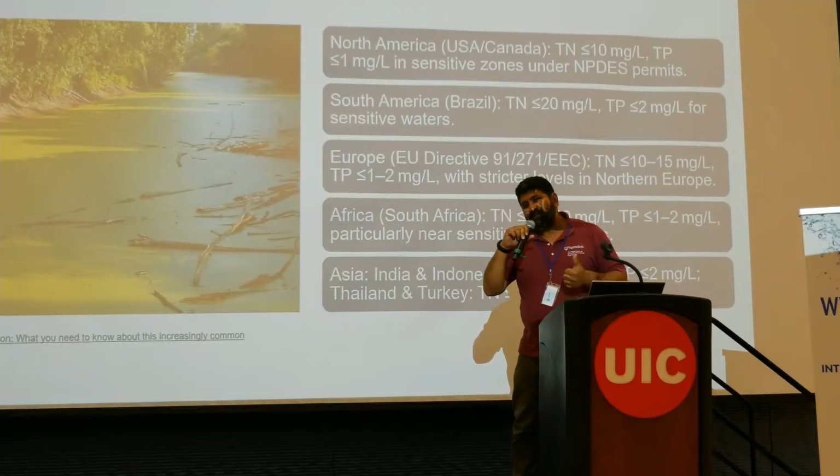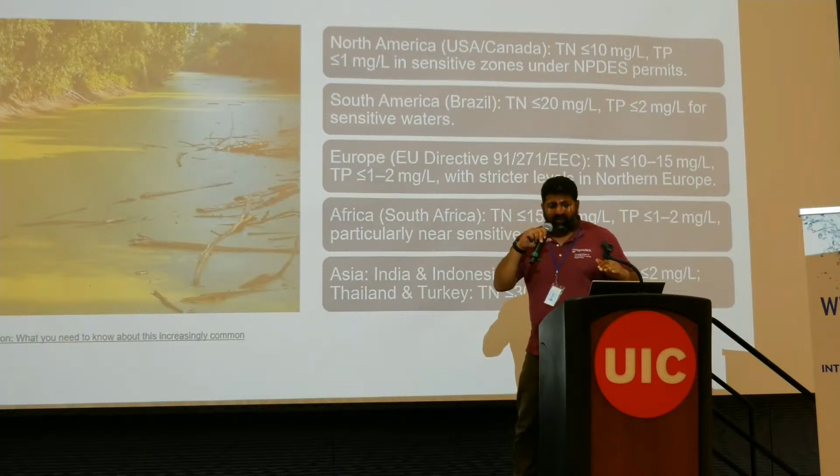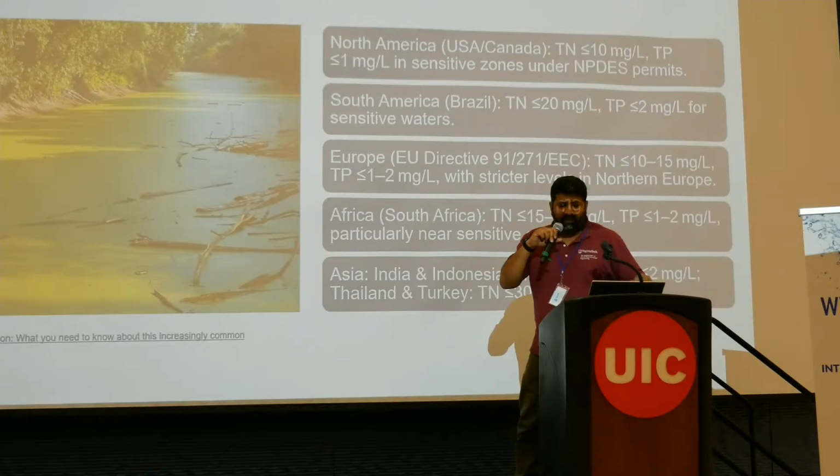Sometimes there's a significant amount of chemical, energy, and a lot of O&M that goes into that. So if you look at some of these 5 items, most of the items are total nitrogen.